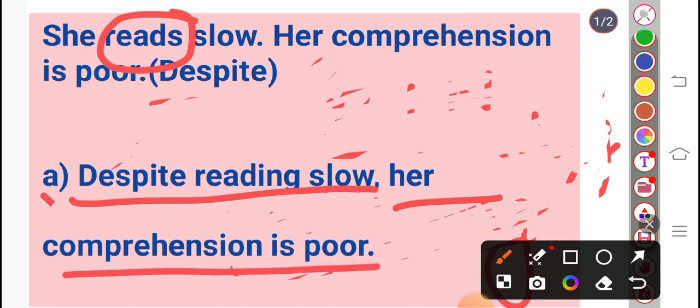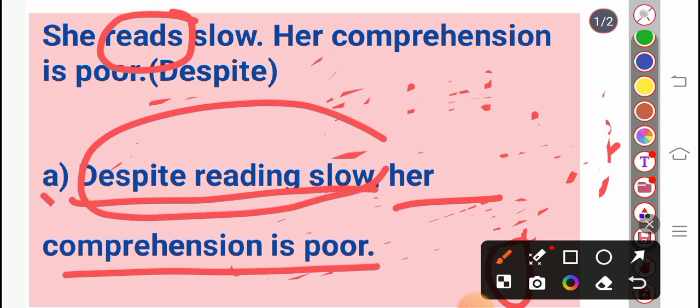This is the principal clause, and this part is the extension. This part is not a clause. First think about it. This part is not a clause.